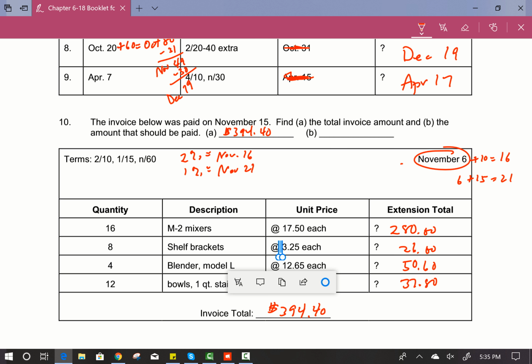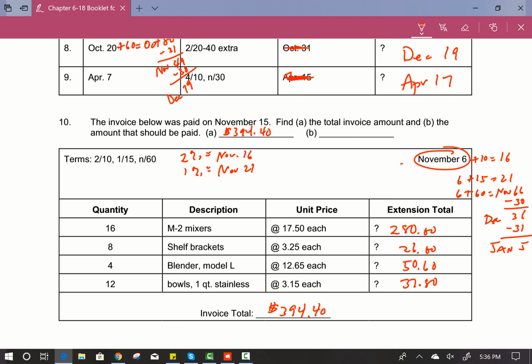And then the amount due is the 6th plus 60 days equals November the 66th, which doesn't exist, so I'll subtract 30 days from it to give us 36 days in December, and we'll subtract 31 days from December to give us 5 days in January. So January 5th is whenever the invoice is due without any type of discount.